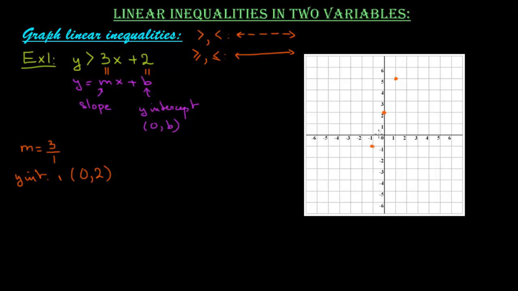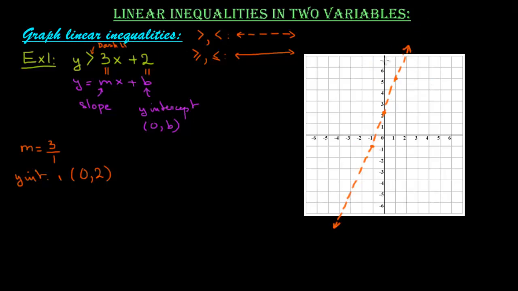That still gives me a point on the line. So what we have to do is connect all three dots together with a dotted line, because the inequality is greater than only. So a dotted or dashed line. So we connect them together.